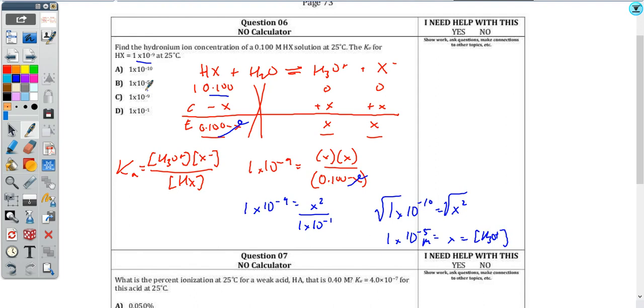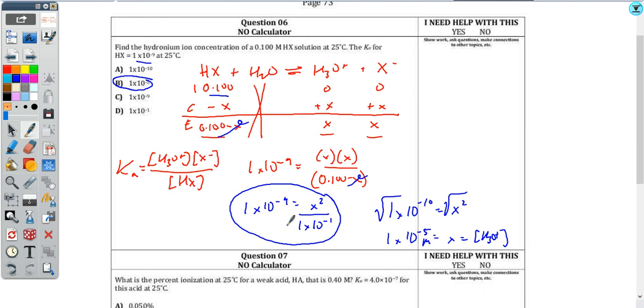Whew, now, that took me a really long time, and you don't have a lot of time, right? So a suggestion to get comfortable with, if you're not there already, is to be able to recognize that this is true, right? That Ka is going to be equal to x squared over the initial concentration.